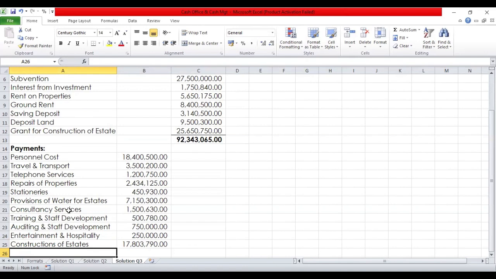Please look at the figure. Yes, that is correct. Okay. Construction of access roads. How much? 4,200,300.